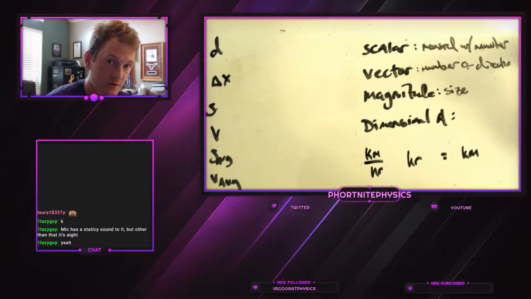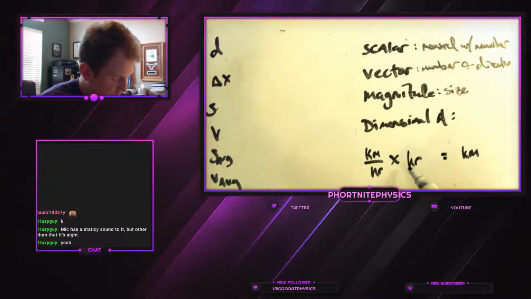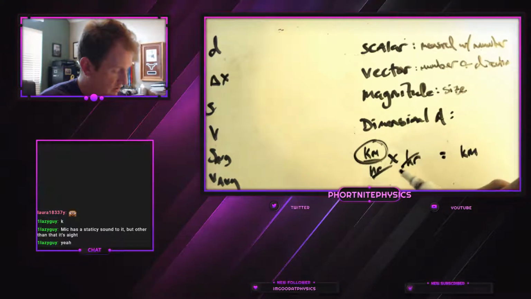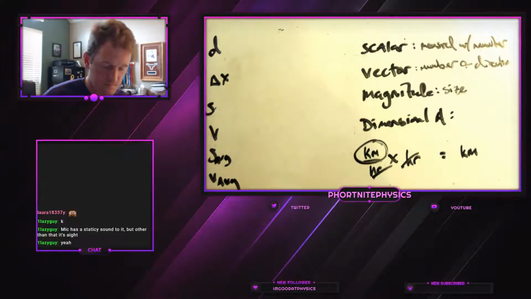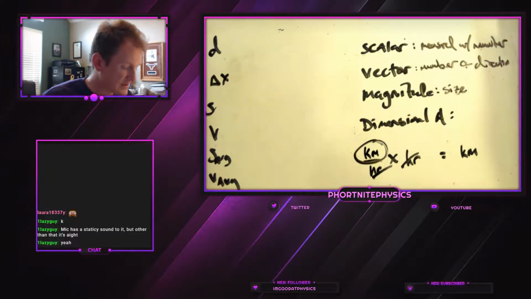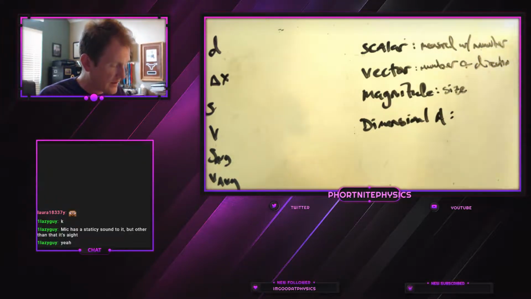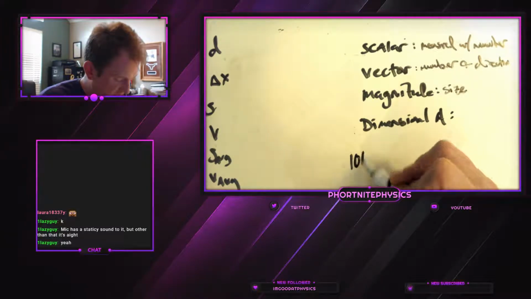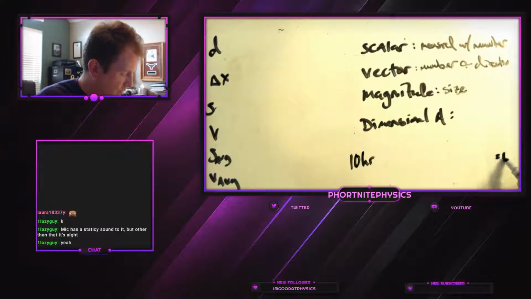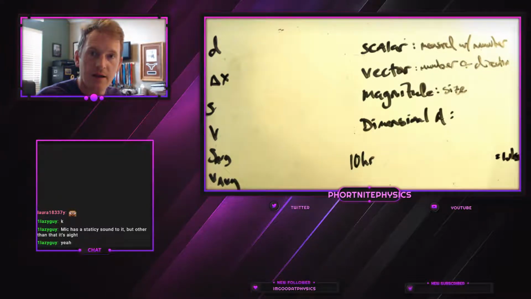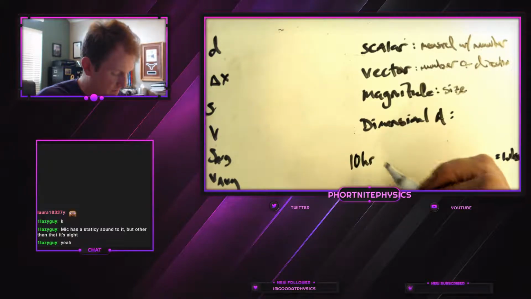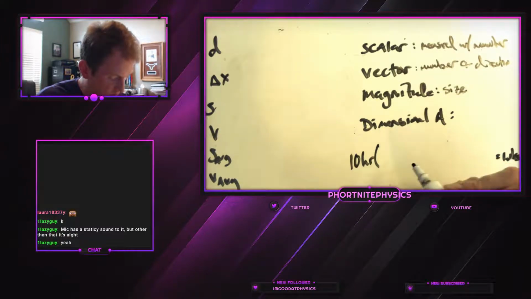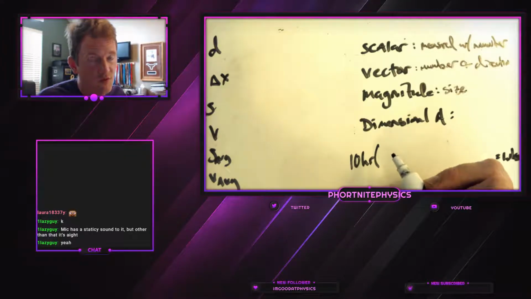So in this case, when we multiply and cancel out our hours and hold on to our kilometers, that's our dimensional analysis. Another similar example: let's say we want to turn 10 hours into some number of weeks. We need to figure out a couple things. We know that there are 24 hours for every day, right?